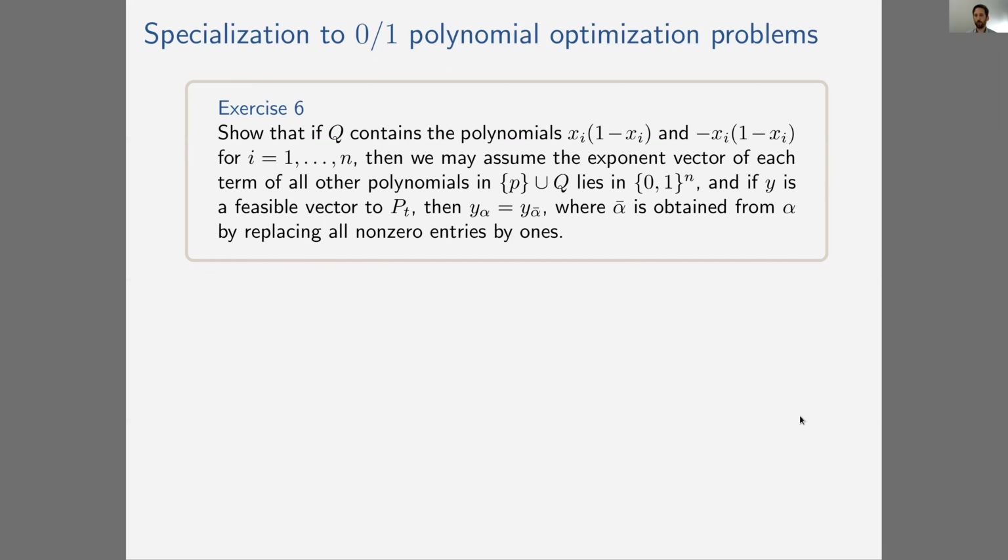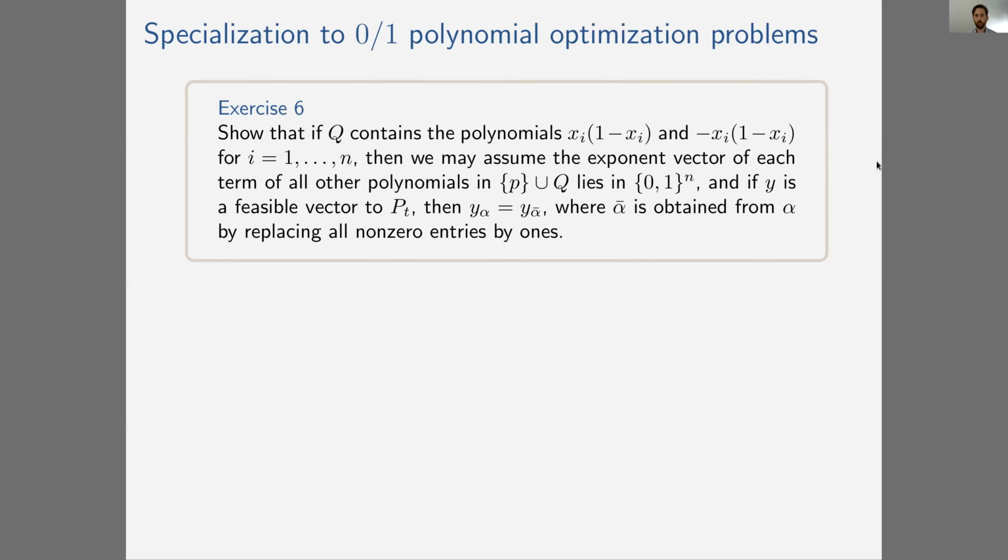Since we didn't talk about equality constraints, we just talk about inequality constraints. To model a binary polynomial optimization problem, you would add this polynomial and also minus that polynomial to our set Q. And then in the semi-algebraic set, that will force your variables to be either 0 or 1.